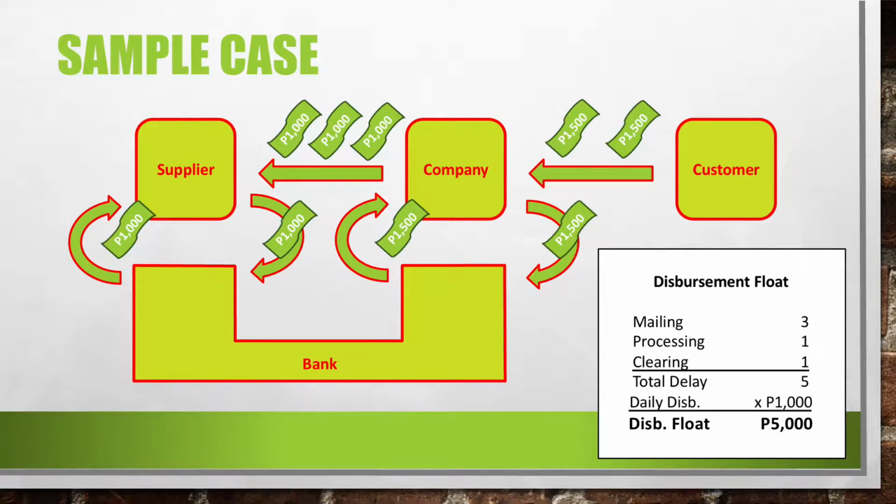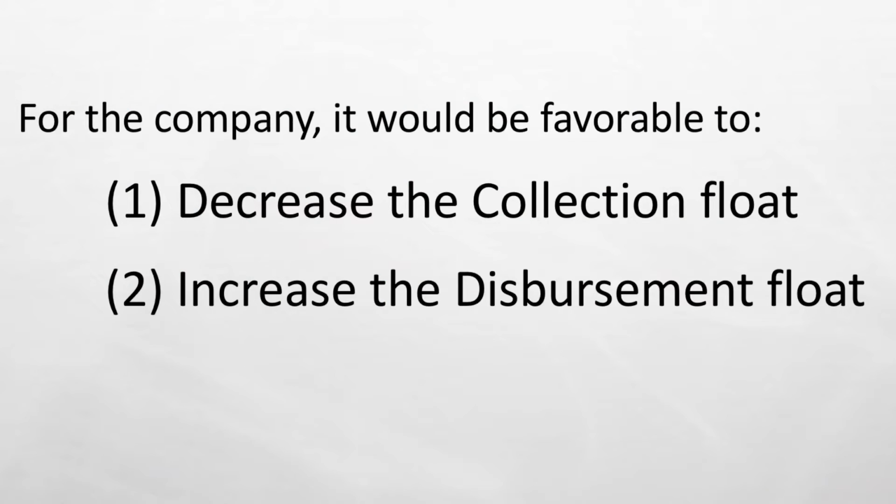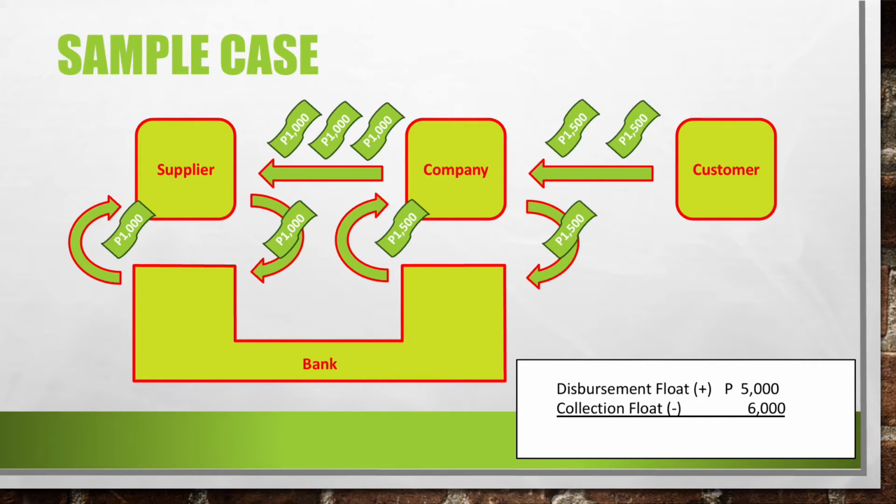Note again that for the company, it would be favorable to decrease the collection float by speeding up collection and increase the disbursement float by slowing down disbursement. Hence, we can arrive at the following net float. Since disbursement float is beneficial, that's positive, 5,000. Collection float is adverse, hence negative, 6,000.